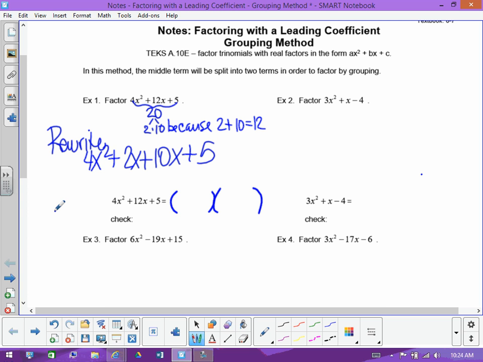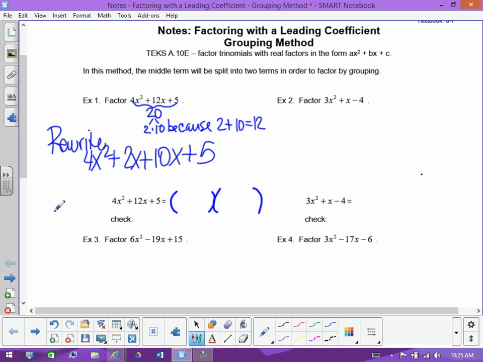So all we're doing is splitting 12. We can split it into 3 and 9, 2 and 10, 1 and 11. There's a bunch of choices. The reason we picked that choice is because we multiplied 4 and 5, and so we got factors of 20. It can't just be anything. Factors of the first and last number multiplied together.